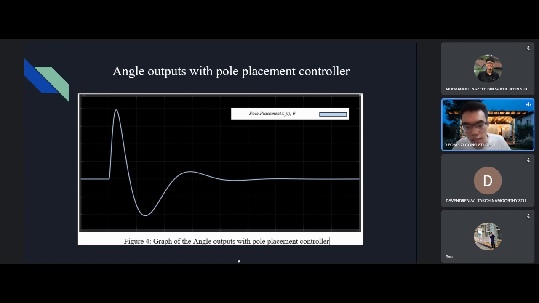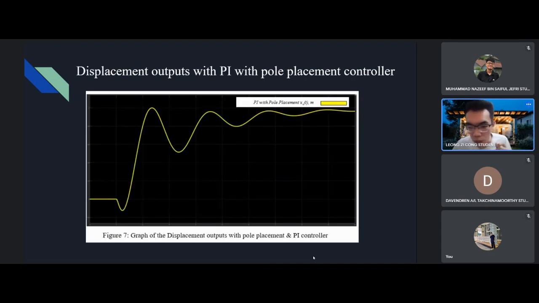And then you can see here with the pole placement controller, the angle should be vertical and always kept at zero degrees. And after we apply the pole placement controller, it obviously successfully keeps the angle always at zero.